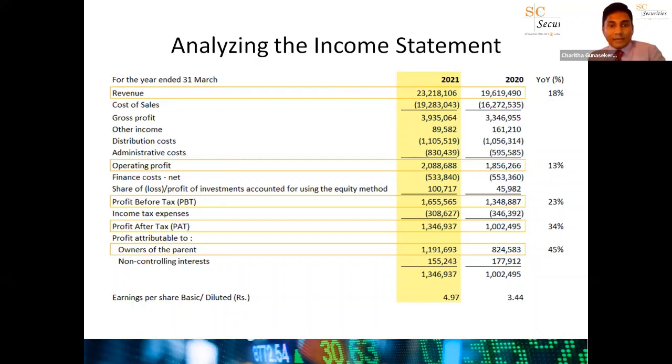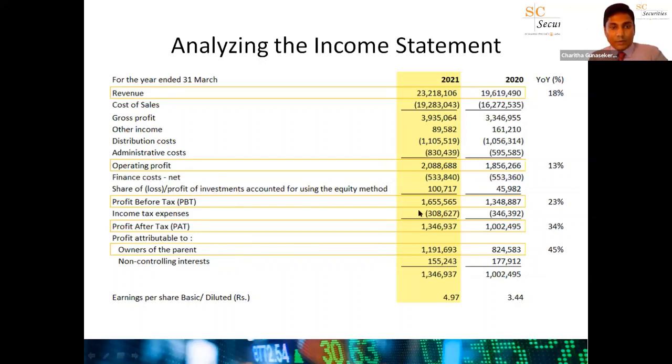If there are any associate companies in this group, the profit earned through the associate company will be taken under the equity method of accounting. We will not touch that area for the time being because we are still at the very beginning. I don't want to confuse you all. So after you adjust for your finance cost from your operating profit, you arrive at your profit before tax.